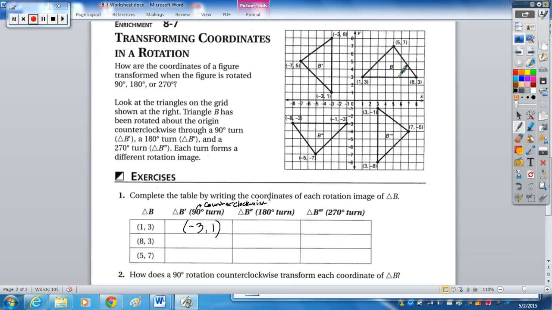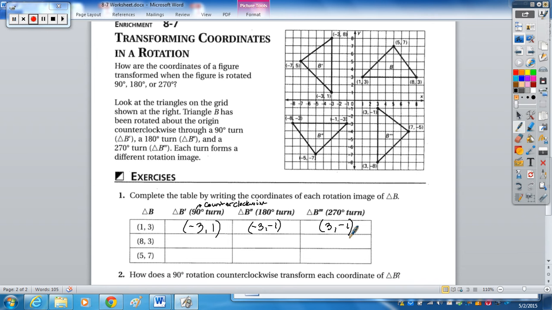The 180 degree turn, which would be in the opposite quadrant, so we're in quadrant 1, this is quadrant 3 over here, is -3, -1. And then the last one, the 270 degree rotation, right over here, is 3, -1. Take a couple minutes here and see if you can fill out the other two rows there.